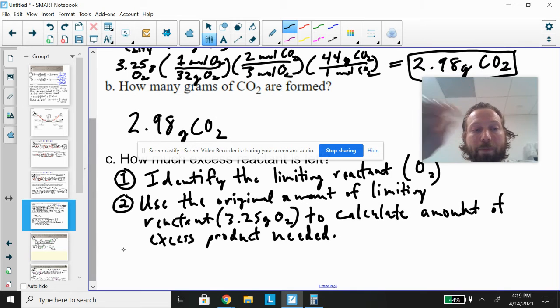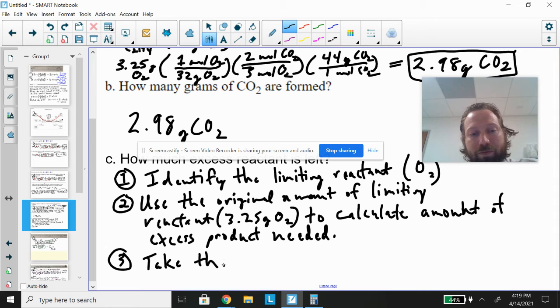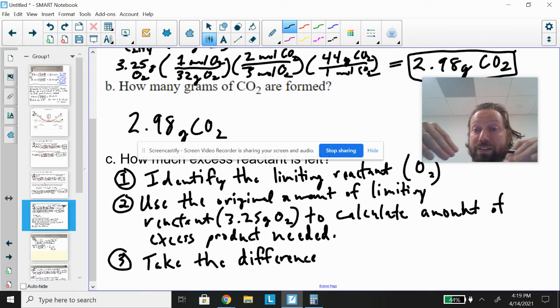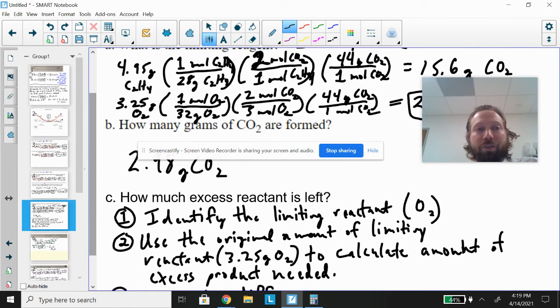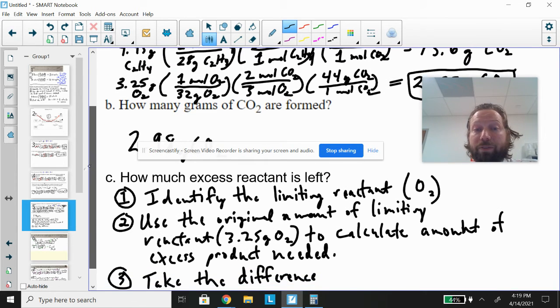And the last step, once we figure out that number, the amount of the excess reactant that was needed, is we take the difference between that and what we actually have, which is 4.95, and see what the difference is.